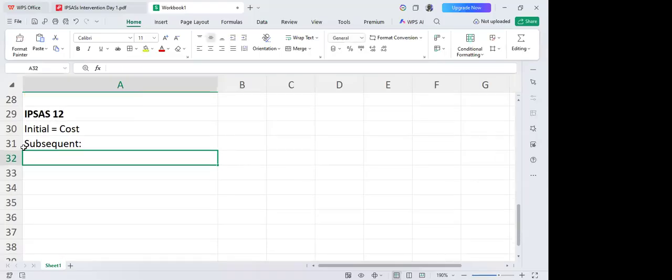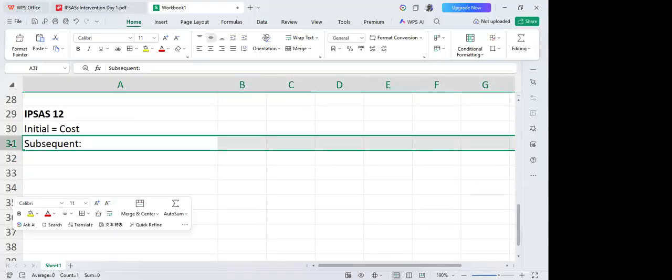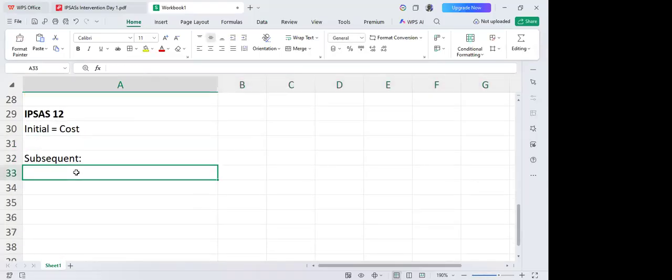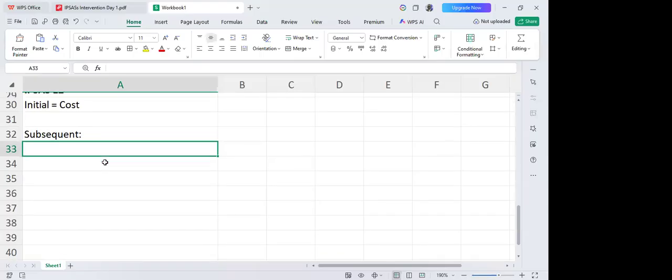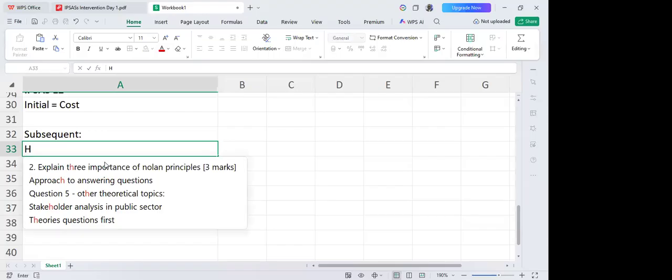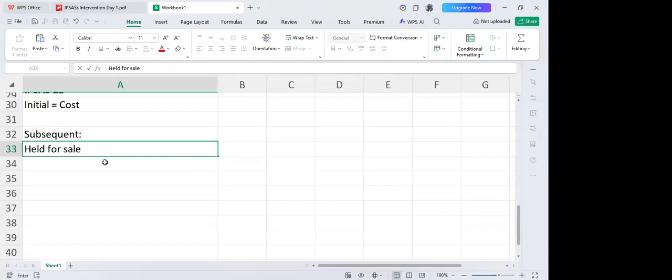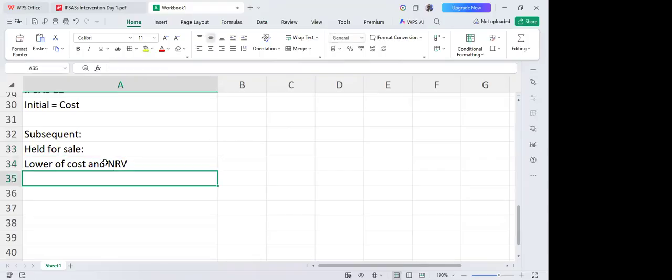Doctor Johannes, go ahead. Lower of cost and net realizable value. That one is for what type of inventory? That is when it's held for sale. So when the inventory is held for sale, it will be lower of cost and net realizable value. So we'll pick the lower amount.